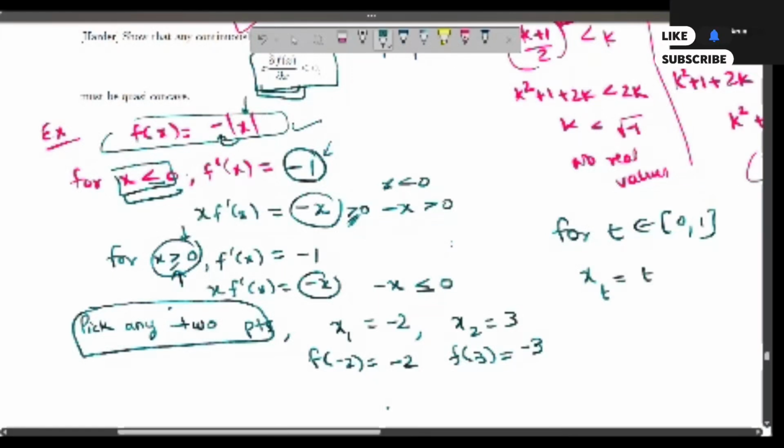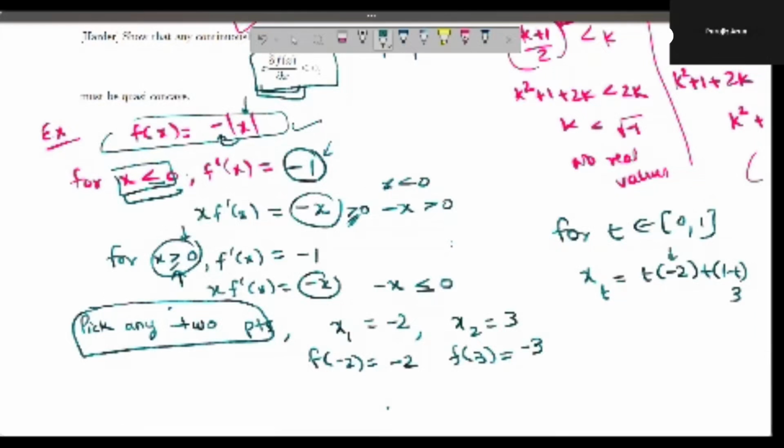So you will firstly write t times -2 plus (1 minus t) times 3, that is t x1 plus (1 minus t) x2, right? And you will prove that the minimum of f(-2) and f(3) is -3.